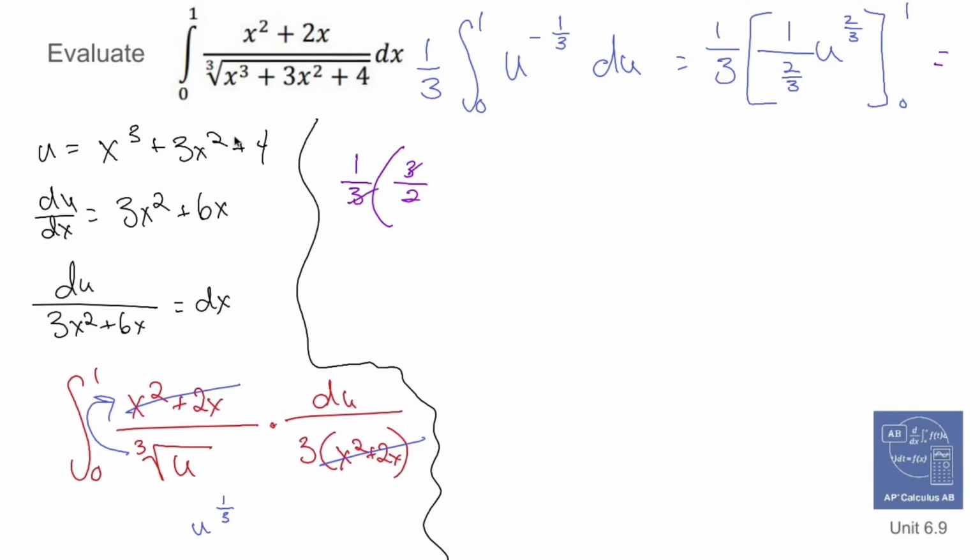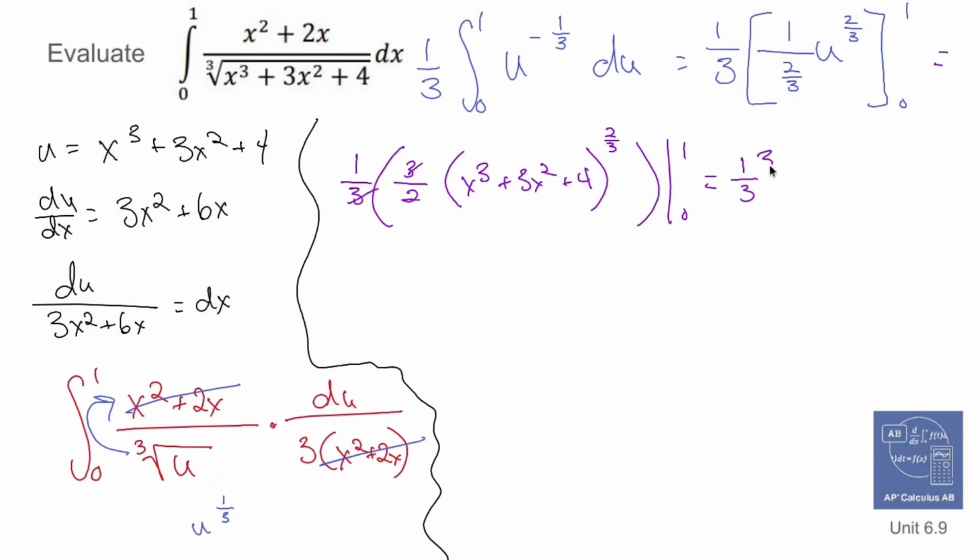I'm going to plug that back in for u, so that's going to be x cubed plus 3x squared plus 4, still to the 2/3, with my limits of 1 and 0. After cleaning all of that, I get 1/2.